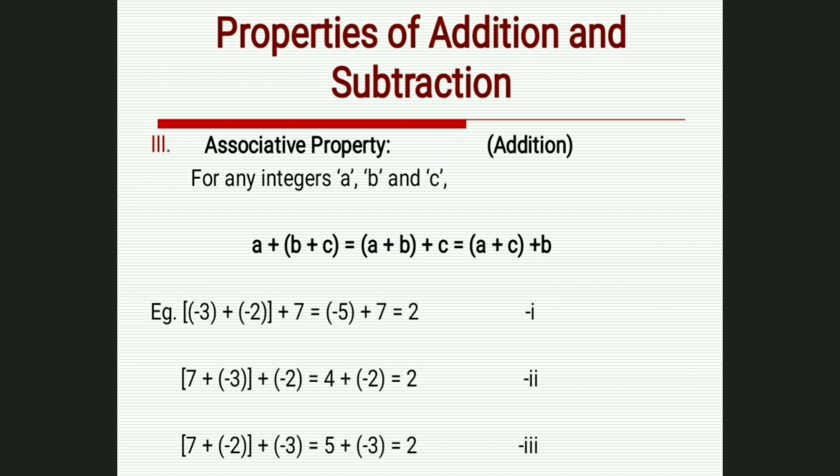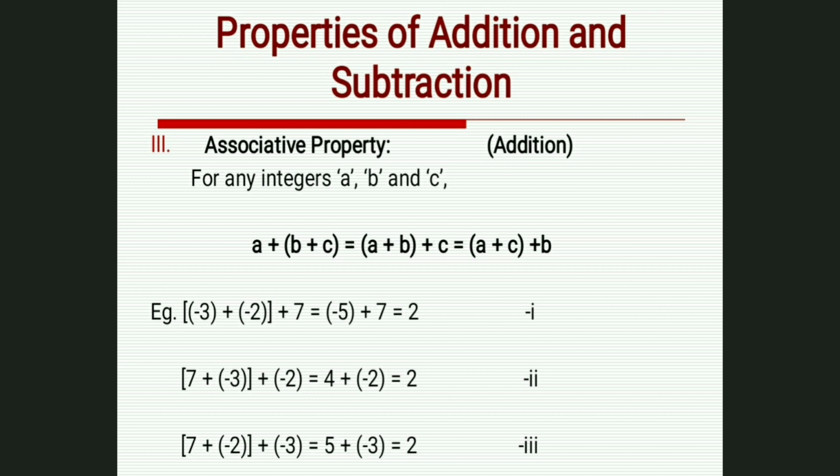That means a plus (b plus c) is equal to (a plus b) plus c and is equal to (a plus c) plus b. So when we add any three numbers in any order, the answer does not change.